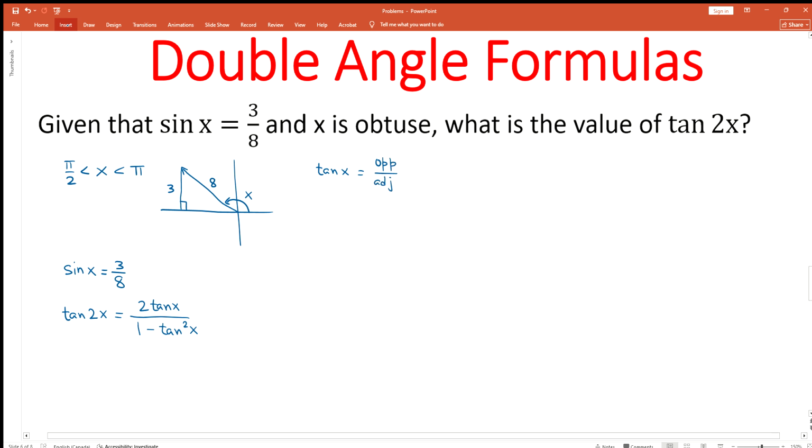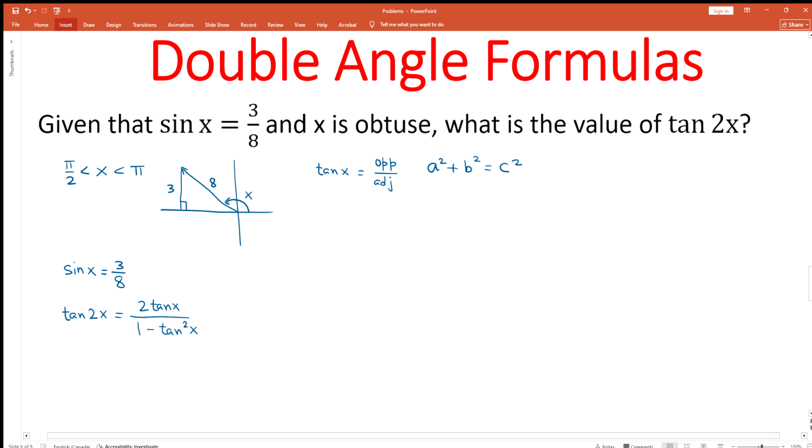So we should find the length of the horizontal side in this triangle because it is the adjacent side in this triangle. We can use the Pythagorean theorem equation, which is a square plus b square equals c square. In this equation, c represents the length of the hypotenuse, which is 8. A and b are the lengths of the other two sides of the right angle triangle.